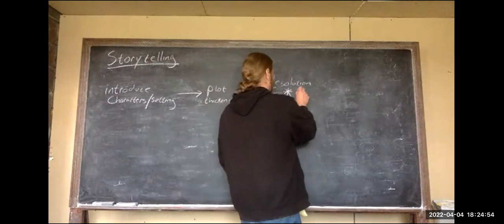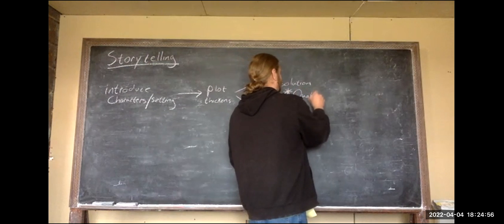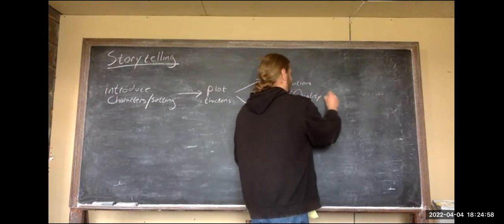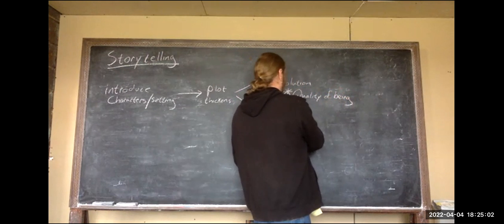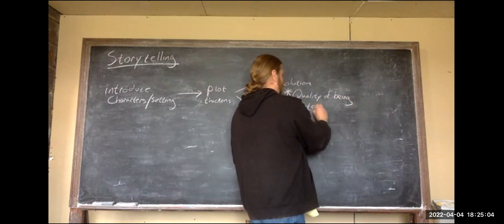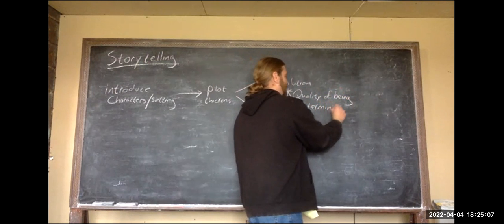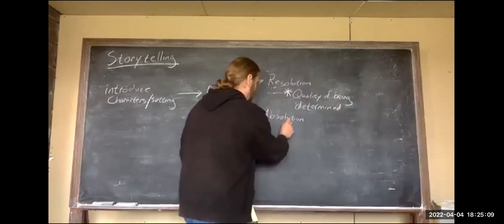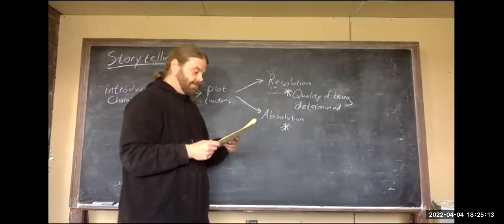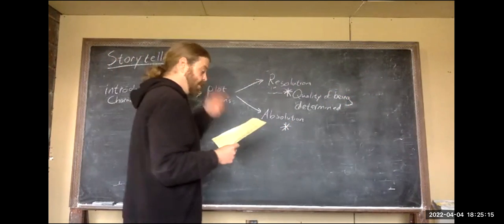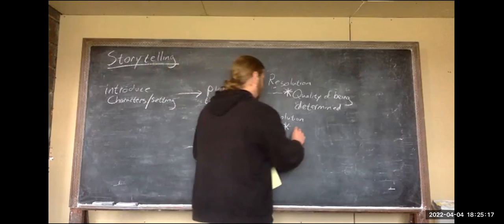That's what we get out of the dictionary for that. Determined. Absolution, the other main way to wrap up a story, is formal release from guilt or obligation.